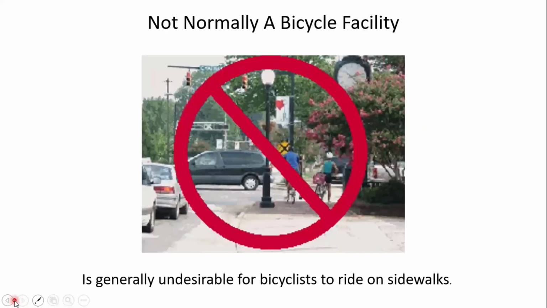So that brings us to a discussion of the different types of bicycle facilities. We'll start this today, and we'll finish up on Thursday in our last session. But before we get into the different types of bike facilities, I did want to mention that normally sidewalks are not considered a bicycle facility, since it's usually undesirable for bicyclists to ride on sidewalks where there are potential conflicts with pedestrians traveling at lower speed.